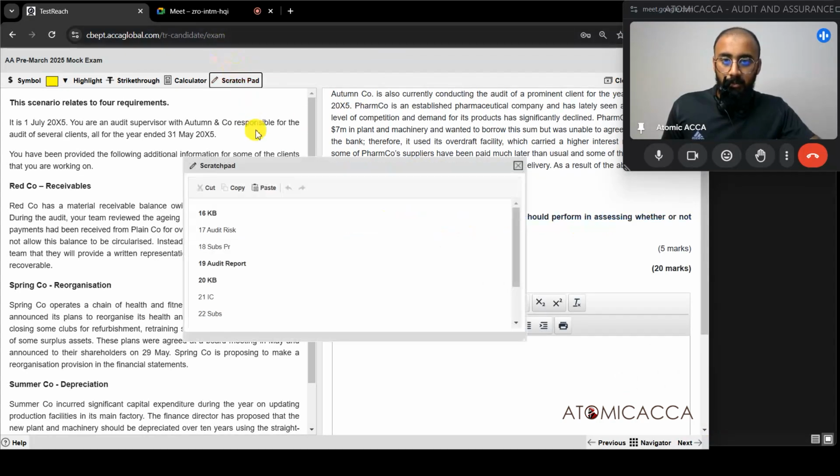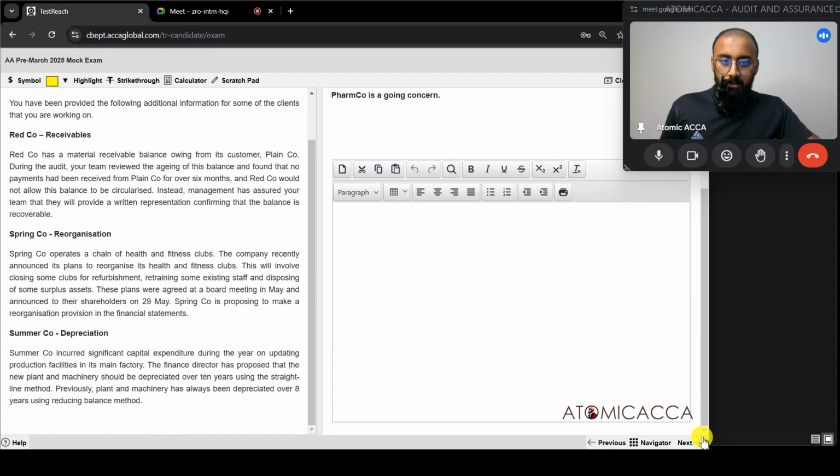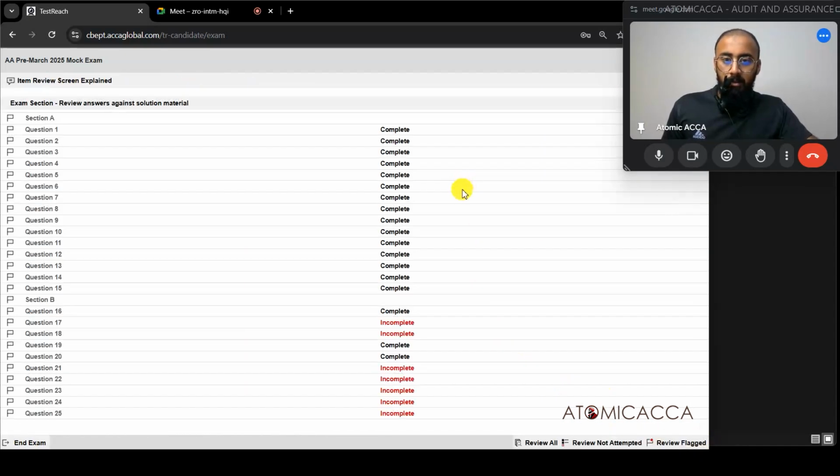Again it's about procedures, so 25 is also substantive procedures. So we attempted three questions over here, related to the topic we dealt with, the easy items.